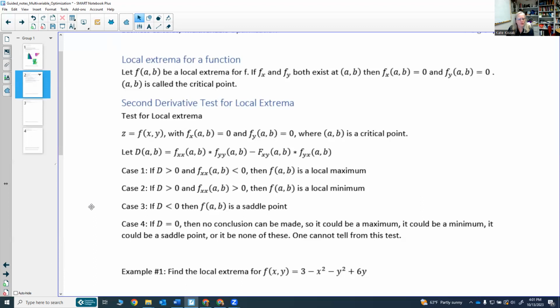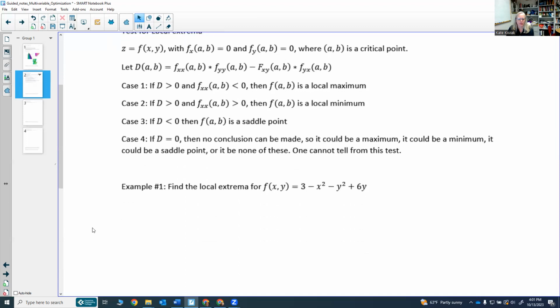Case 3, if D is less than 0, then f(a,b) is a saddle point. And case 4 is if D is equal to 0, then no conclusion can be made. So it could be a maximum, it could be a minimum, it could be a saddle point, it could be none of these. One cannot tell from this test.